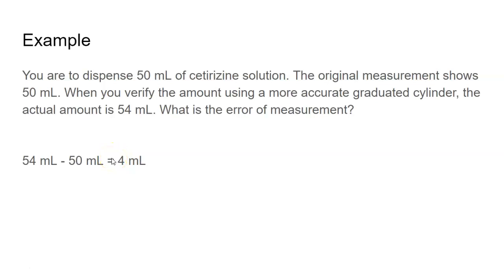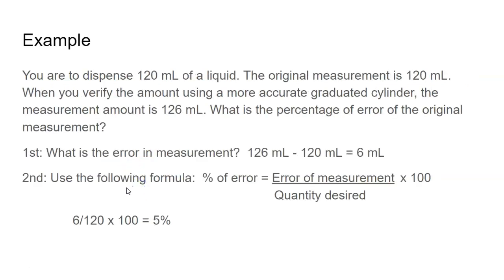If our actual value was 50 and we wanted 45 and we had a negative 5, then we would just make it an absolute value and get rid of the negative. So something to keep in mind. So when you're calculating percentage of error, you first have to calculate the error of measurement and then you put it in the formula.